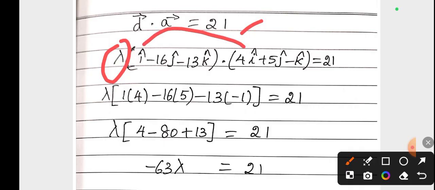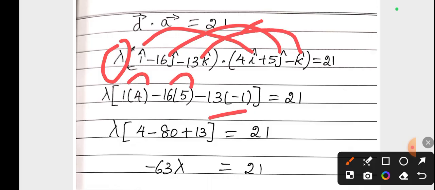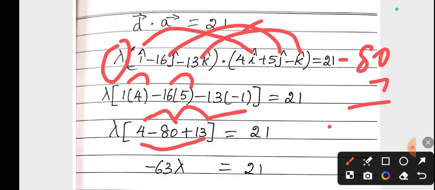For i cap, the coefficient is 1 and here 4, so 1 times 4 is 4. Then minus 16 into 5 is minus 80. Minus 13 into minus 1 is plus 13. So 4 minus 80 plus 13. 13 plus 4, you added, is 17; 80 minus 17 is 63, so minus 63 lambda.